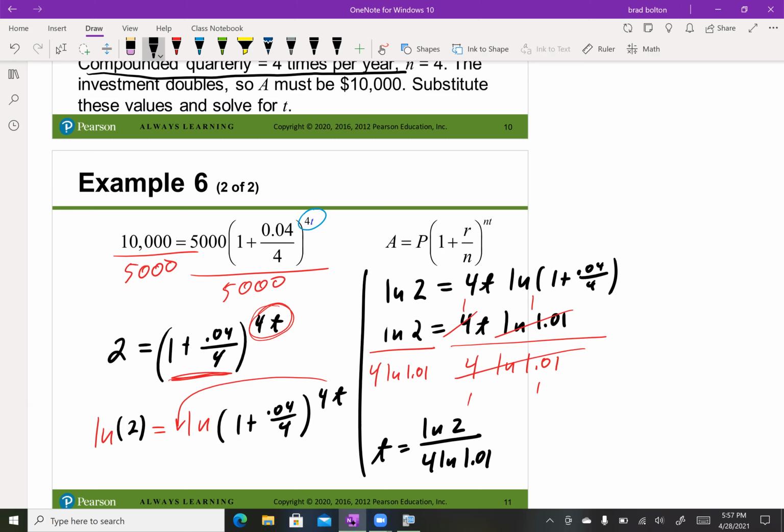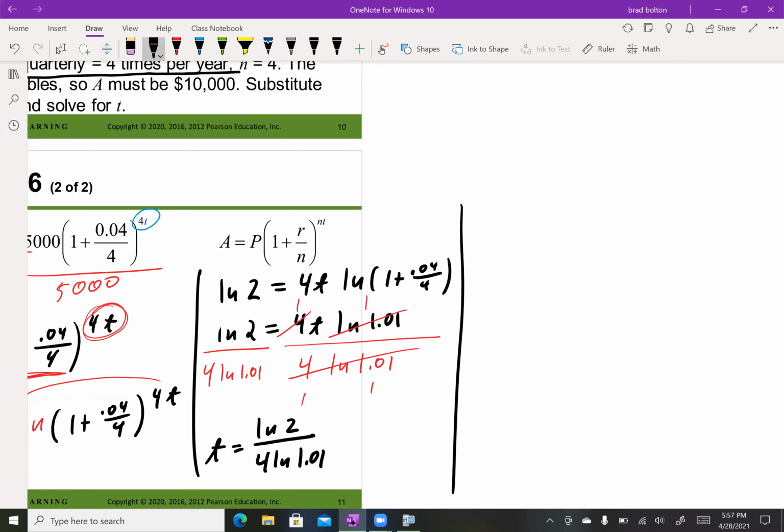But if somebody asks you, hey, how long is it going to take for your money to double? And you say, oh, natural log of 2 divided by 4 natural log of 1.01, that doesn't really help. So we want to know the actual number of years with some level of approximation.